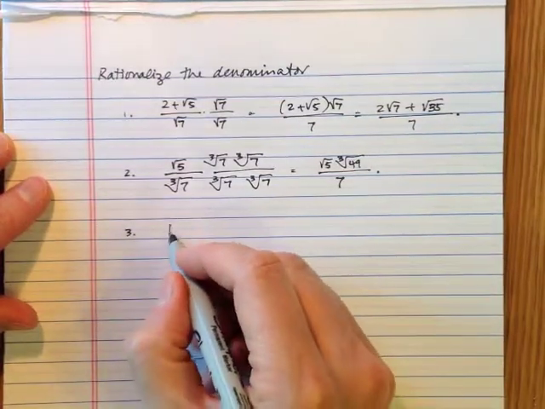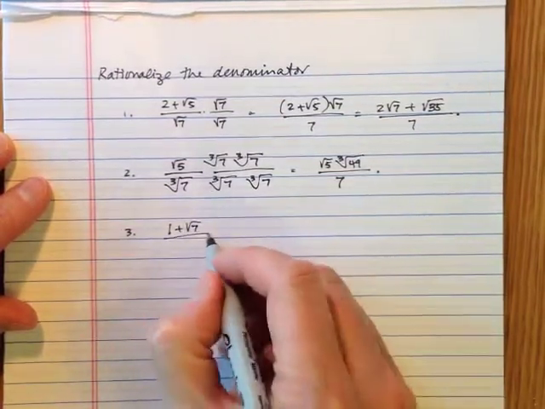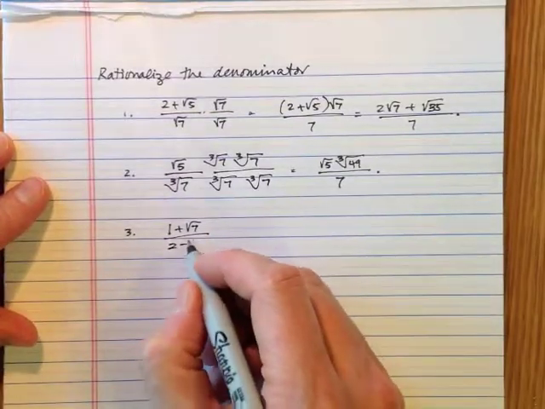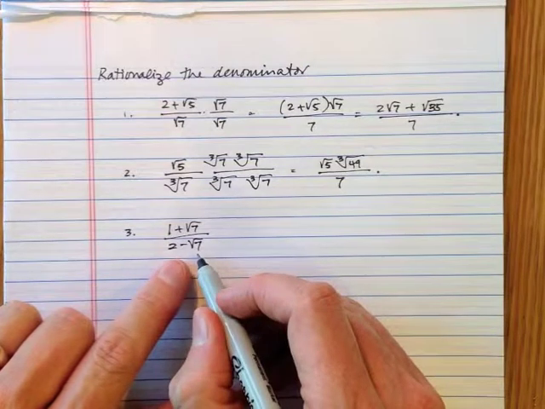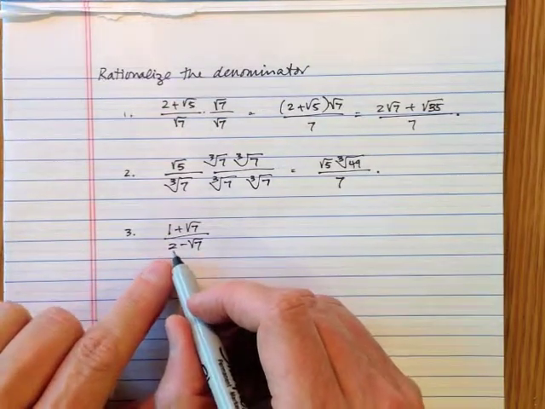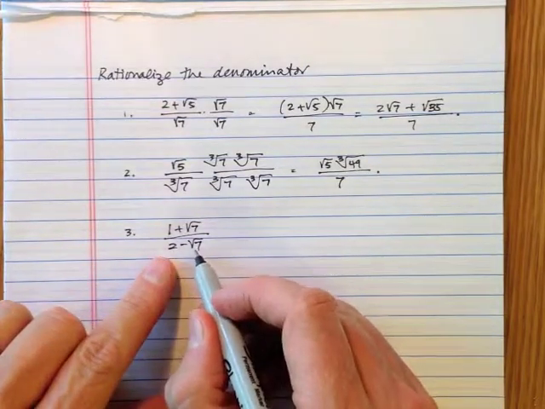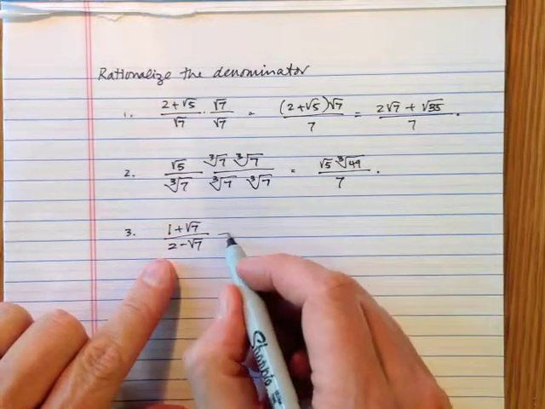So how about 1 plus the square root of 7 over 2 minus the square root of 7. Now the thing that gets the radical out of the denominator is to recognize that 2 minus radical 7 is half of the difference of squares formula.